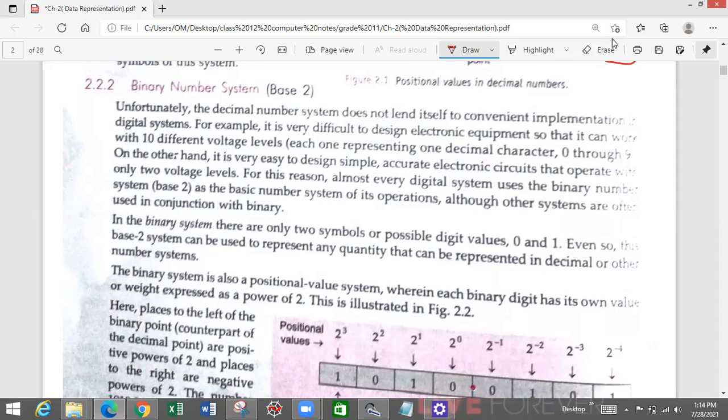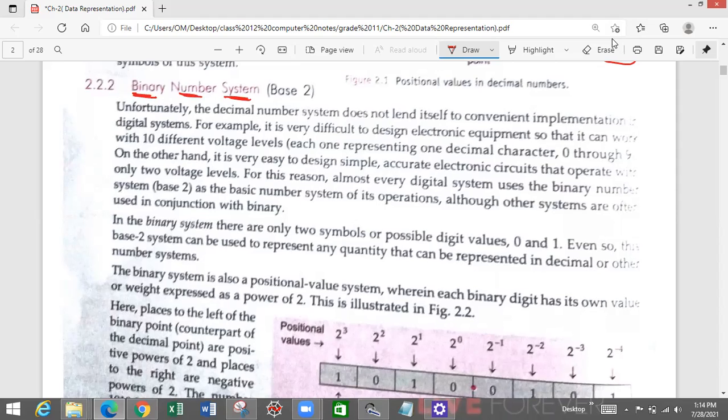But computing devices, whether it's a phone, a laptop, or any other computing device, do not understand this decimal number system, because that was designed for human beings, for their convenience. These computers work with digital information, and there we utilize the binary number system.